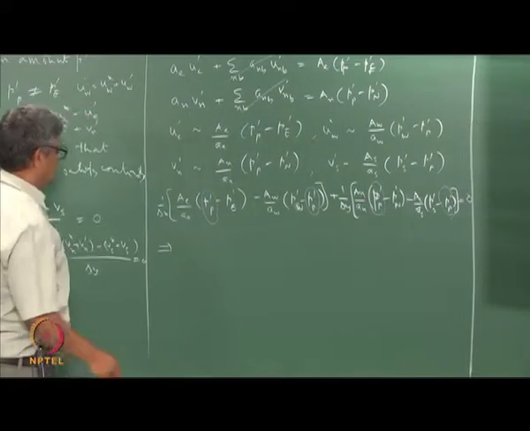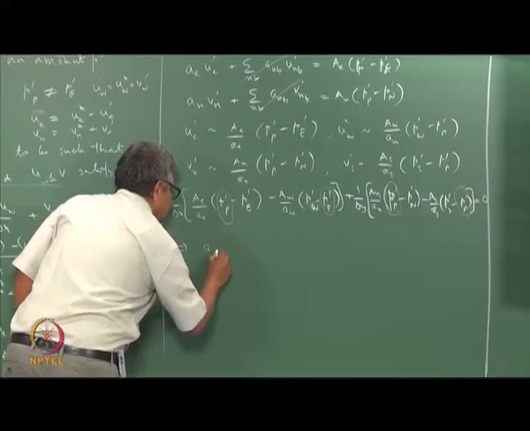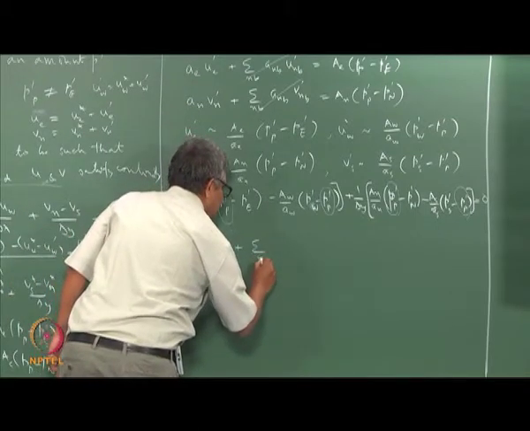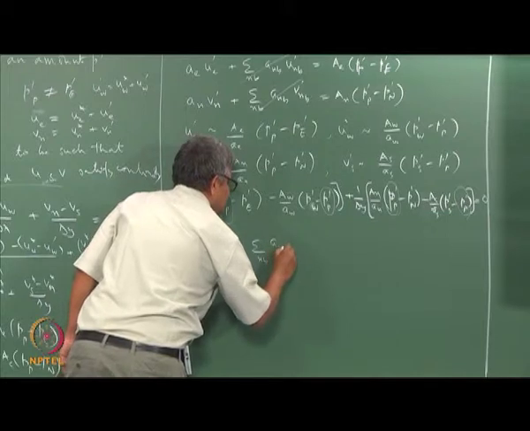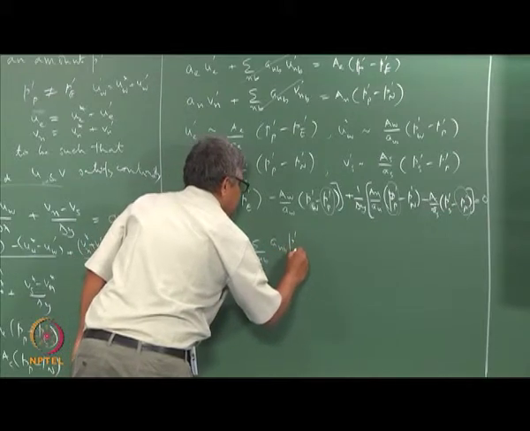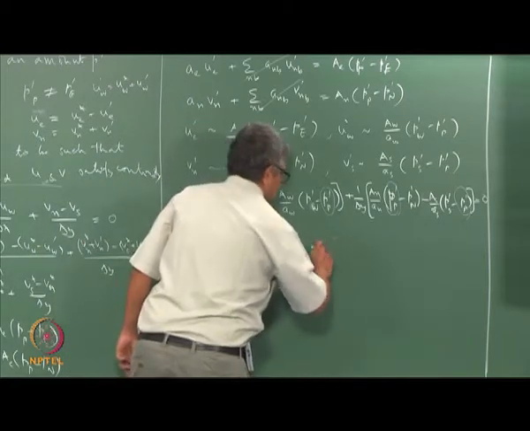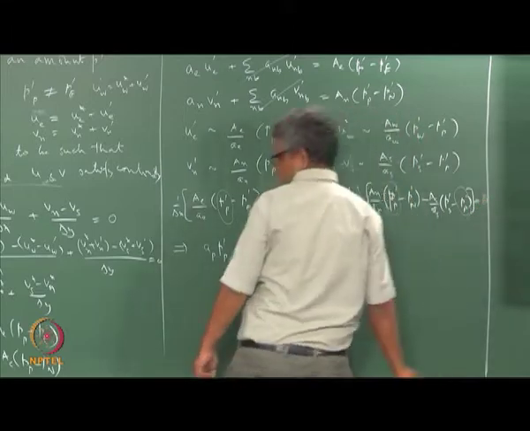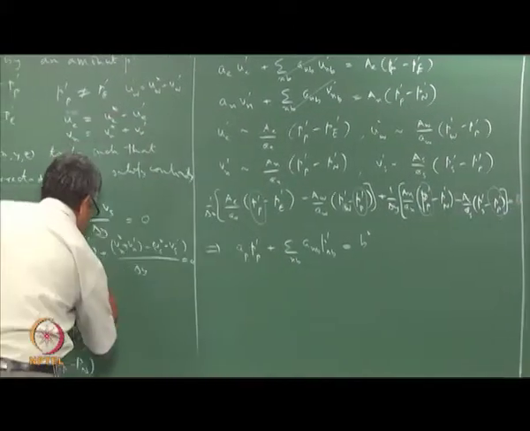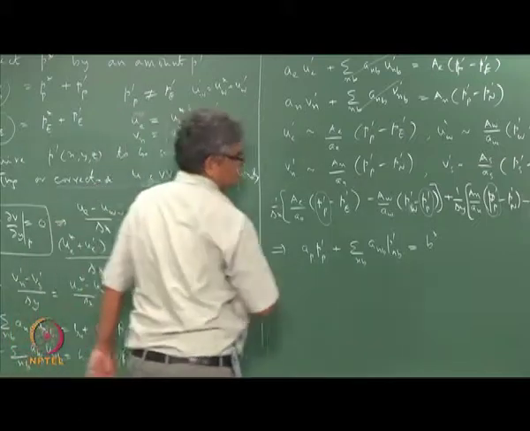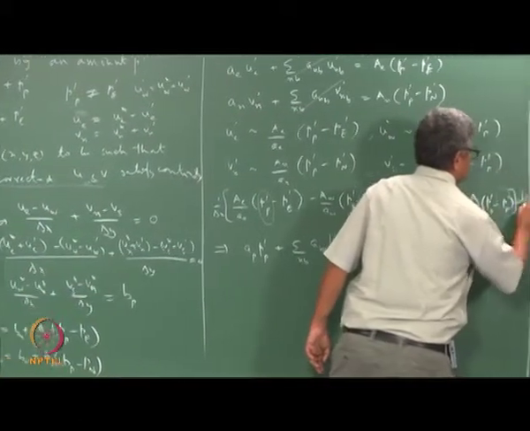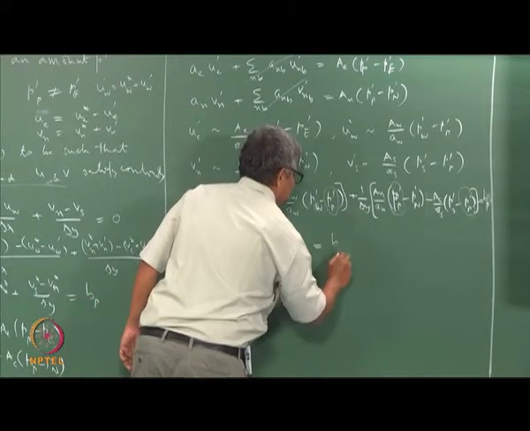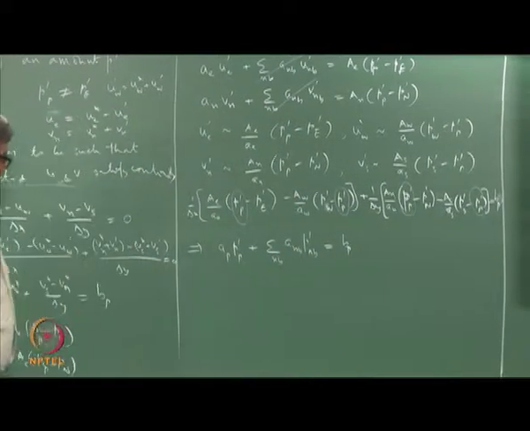So, we can write this as AP P prime P plus the sum over neighboring quantities of A nb P prime nb equal to, it is not B 0, it is equal to this whole thing, which we can call BP.